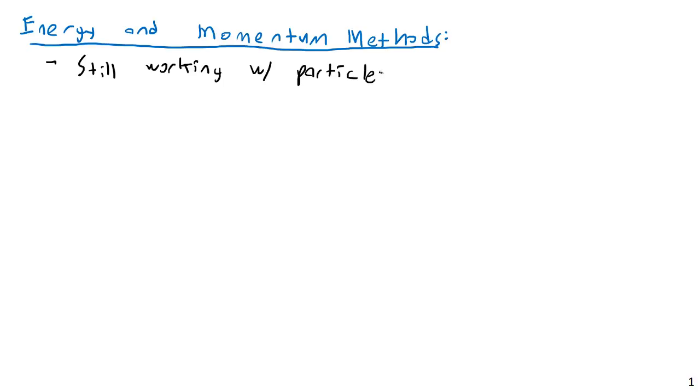Energy methods are obviously something new, but you may be asking yourself, wait, didn't we work with momentum last chapter in the previous two lectures? Yes, we did. But there's a slight difference here.